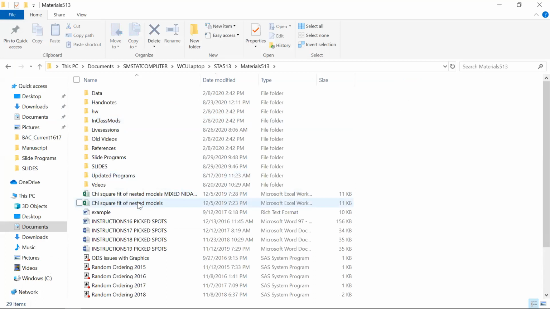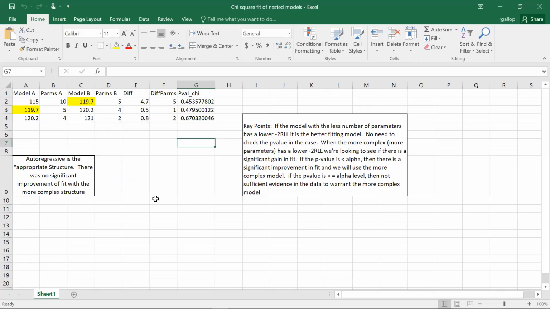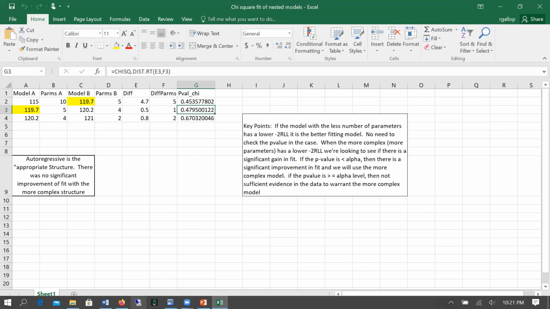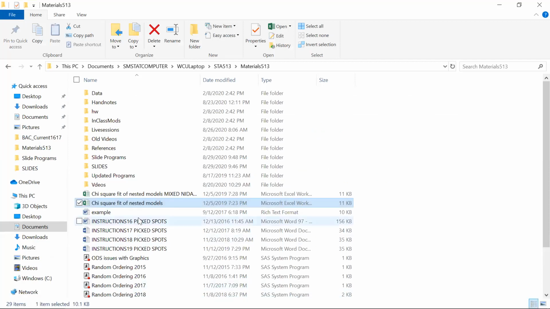is we get right here. On D2L, you will see this. Maybe it's better to go here and show you. This is called chi-square fit of nested models.